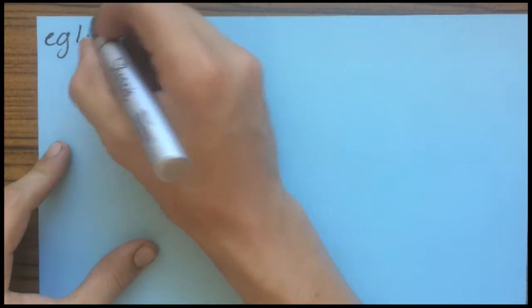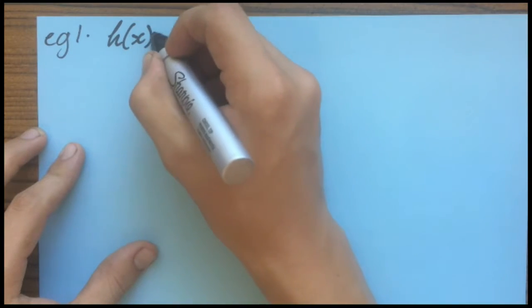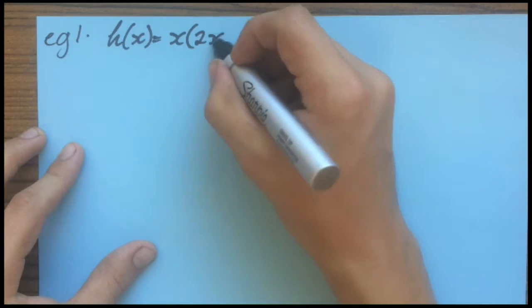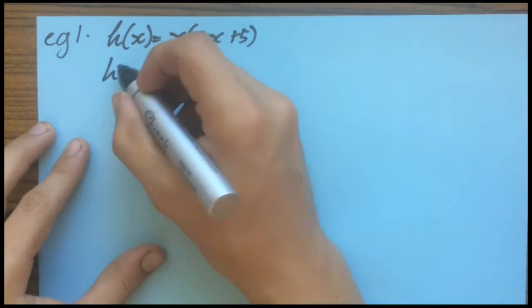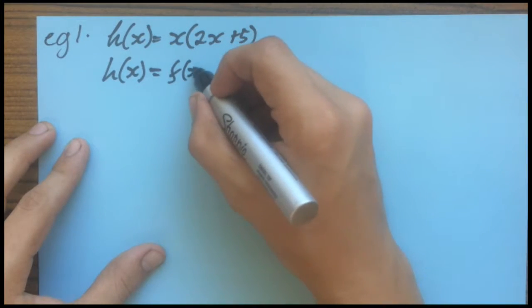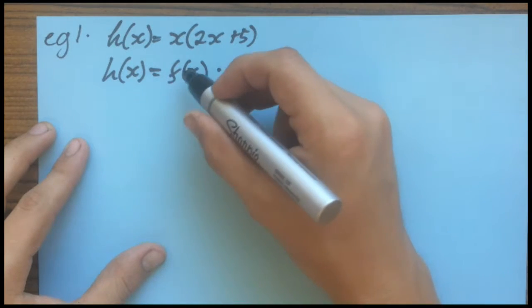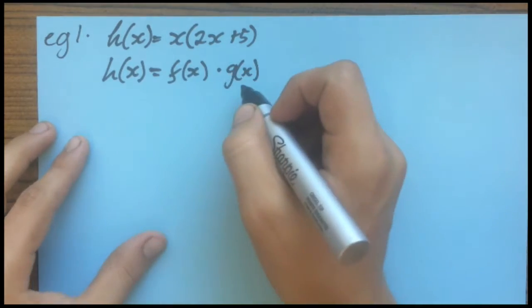Example 1. Let's say h is x multiplied by 2x plus 5. Now, we can think of that on the other page, h of x also equaled f of x multiplied by g of x, which is a function times a function.